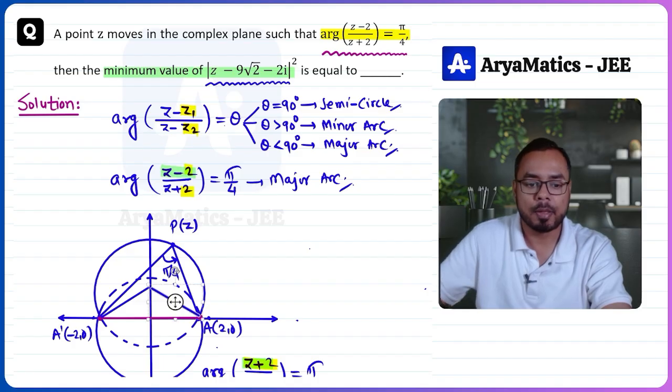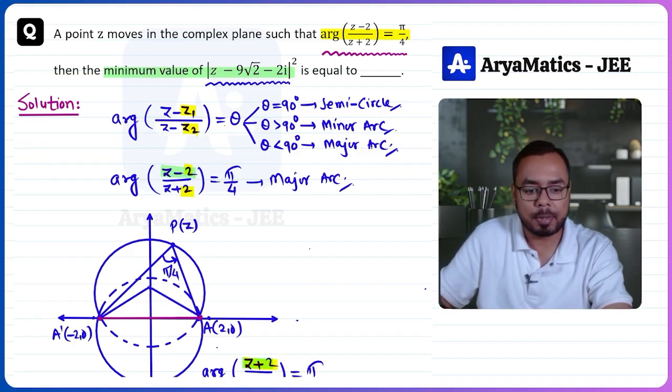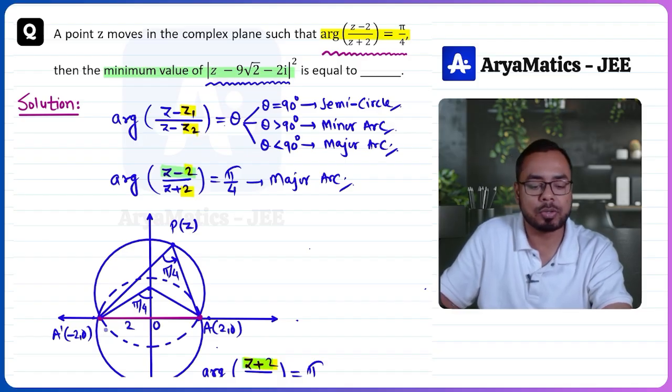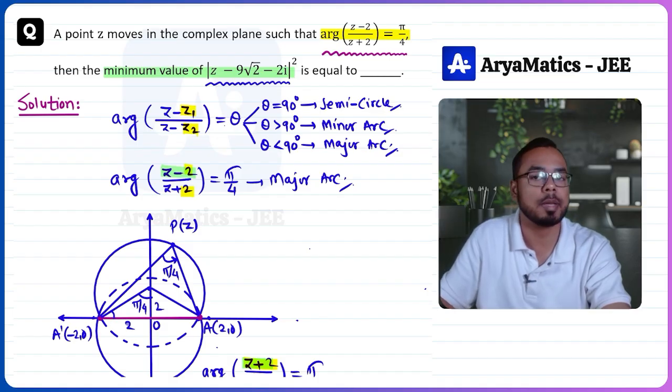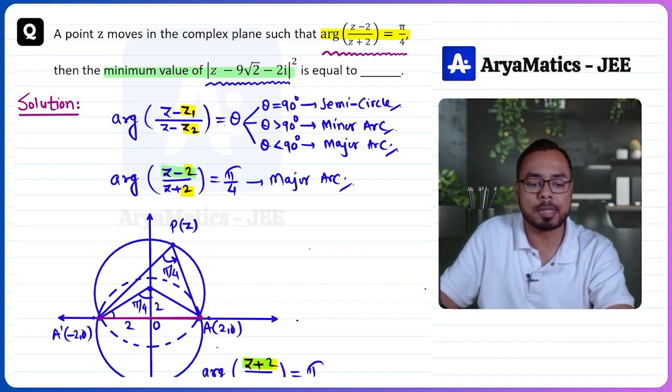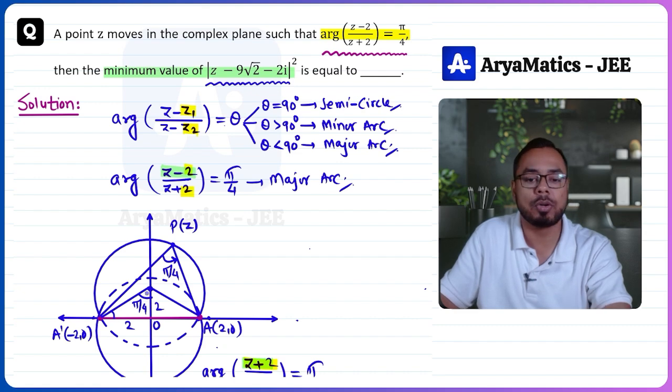Because this angle is pi by 4, the angle at the center will be pi by 2, and half of that angle will be pi by 4. That means this angle is pi by 4. And now this length OA or OA dash is 2 units, and this angle is pi by 4, this one also pi by 4, so this length will be another 2 units. That means the center of this circle is at point (0, 2).